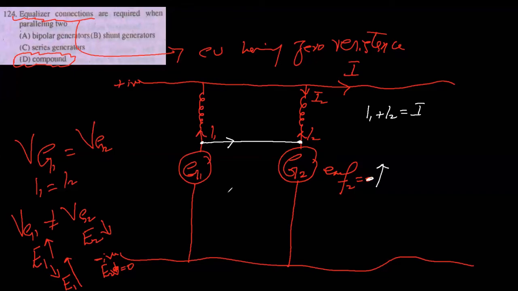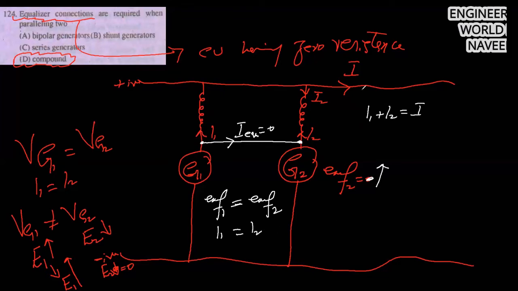In this way, the EMF produced by generator G1 will become equal to the EMF produced by G2. When they are exactly equal, the current in this equalizer connection will be equal to 0. So I1 will be equal to I2, and so you get the output load current.